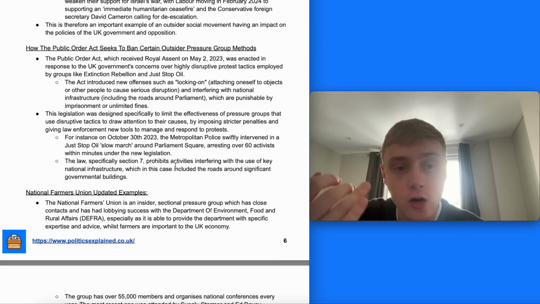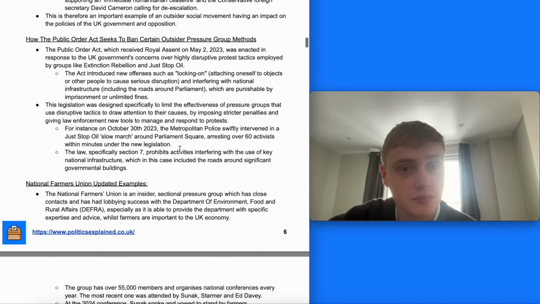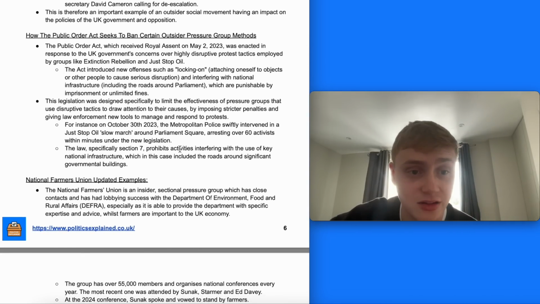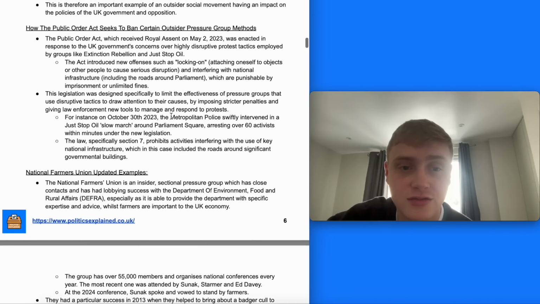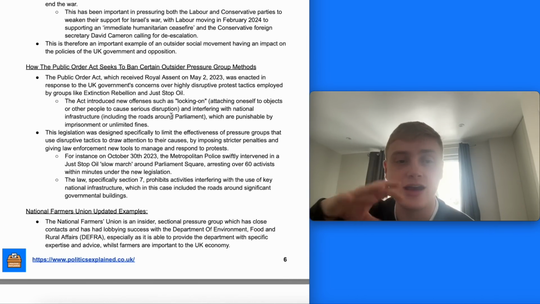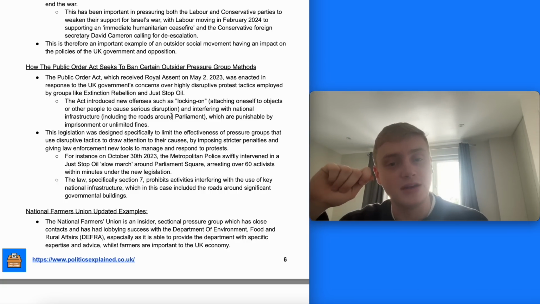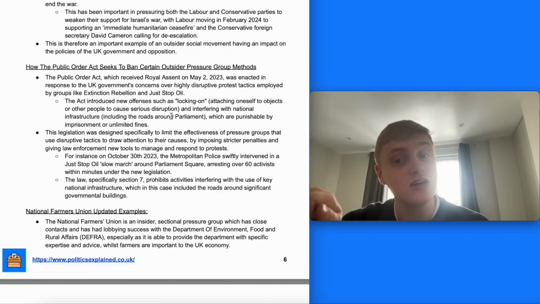So they were doing a slow march around Parliament Square, and then the police swiftly after they started arrested them. And that was justified because they were interfering with national infrastructure, which is the area around Parliament. So that shows how government legislation, the Public Order Act, which has been introduced, is threatening rights in the UK and the action of pressure groups.